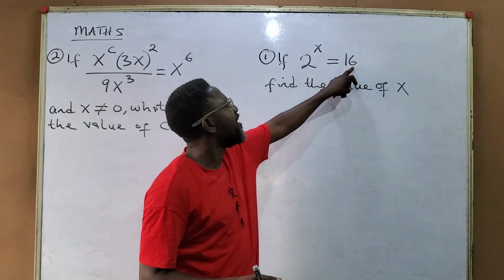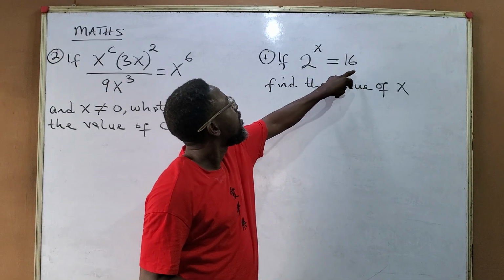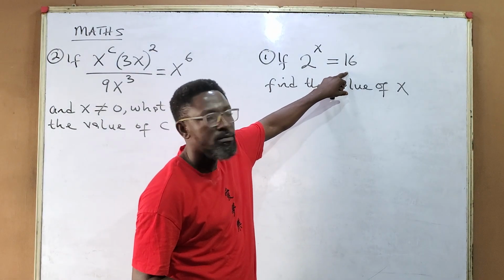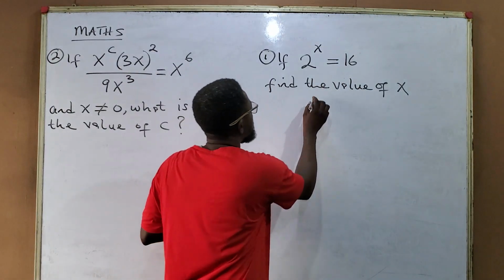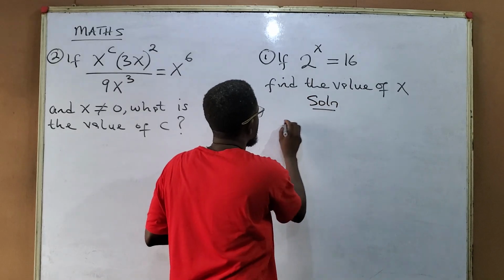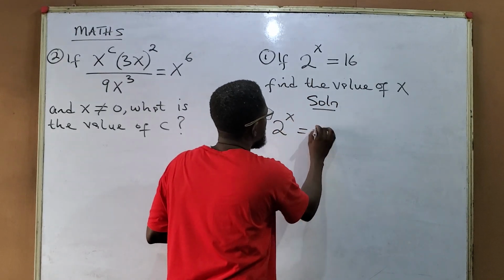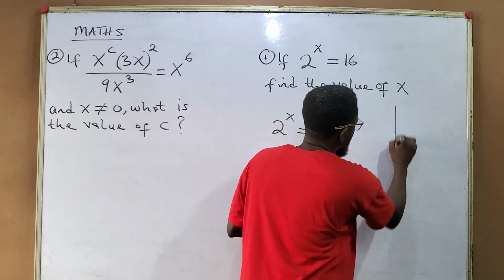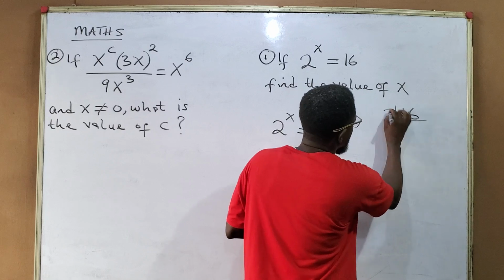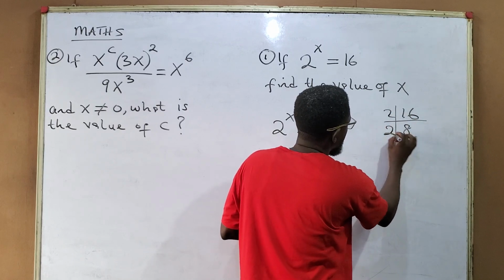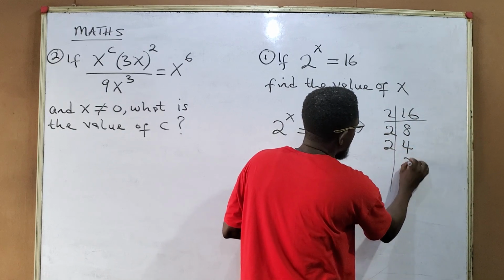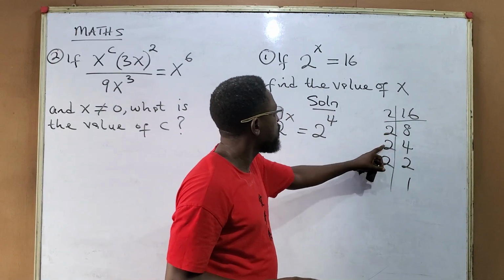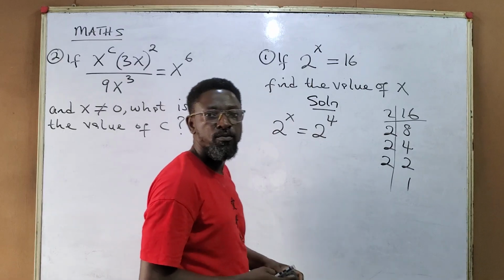First of all, think of a way to write 16 so that you have a base of 2. 16 actually is the same thing as 2 raised to the power 4. You can obtain this using long division. 16 divided by 2 is 8, 8 divided by 2 is 4, 4 divided by 2 is 2, and 2 divided by 2 is 1. So we have 1, 2, 3, 4. That's 2 raised to the power 4.